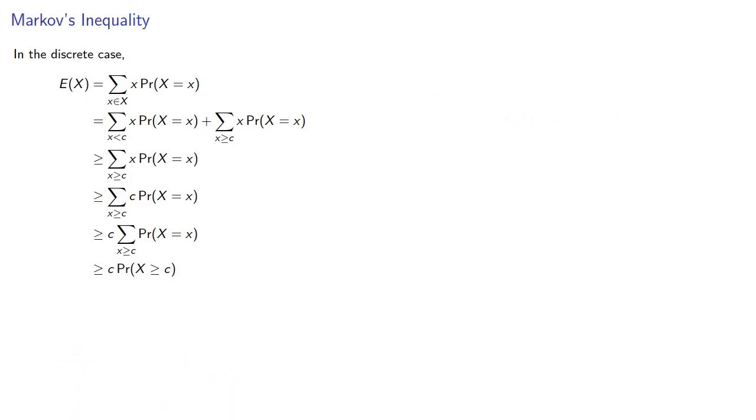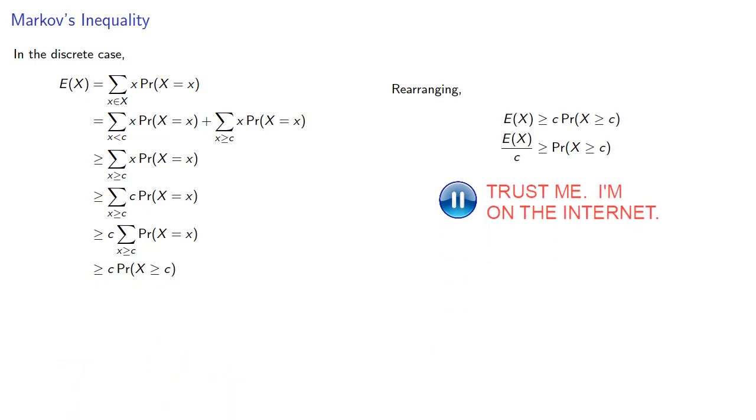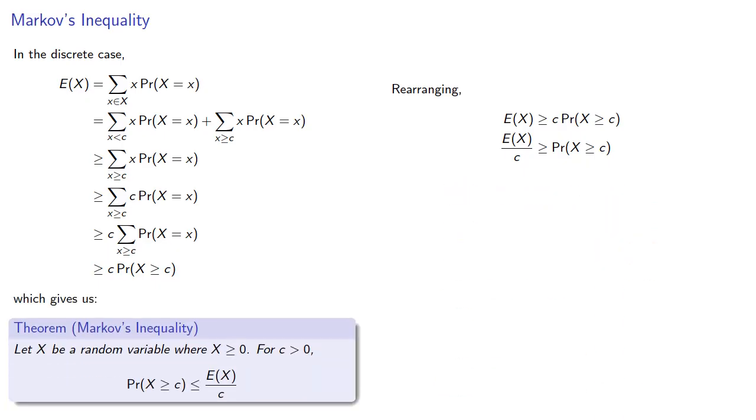And so, rearranging our inequality, we find, which gives us something known as Markov's inequality. Let x be a random variable where x is non-negative. For any constant c greater than 0, the probability that x is c or greater is less than or equal to the expected value divided by c.